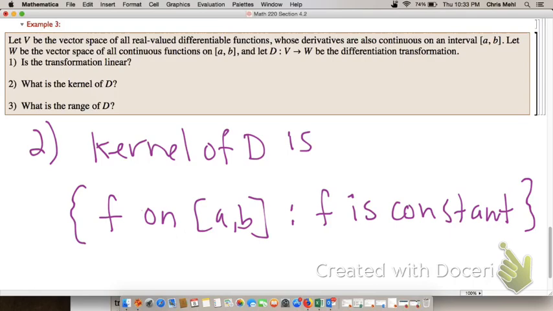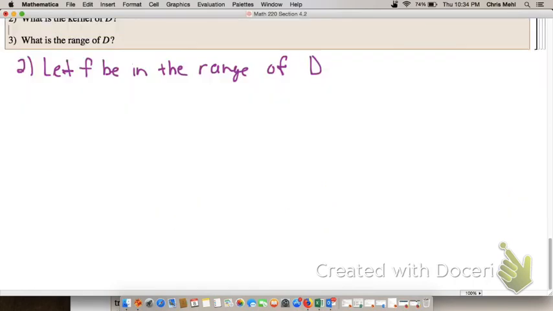Now we're going to look at what the range of D is. Okay, now the codomain is the set W. It's all continuous functions on AB. So start by letting f be in the range of D. Okay, then what that implies is there is a differentiable function.